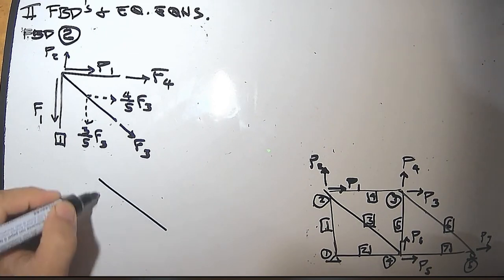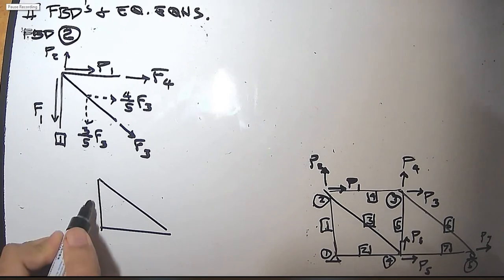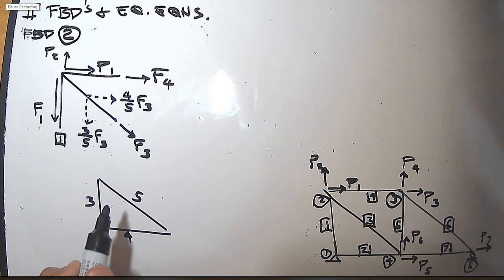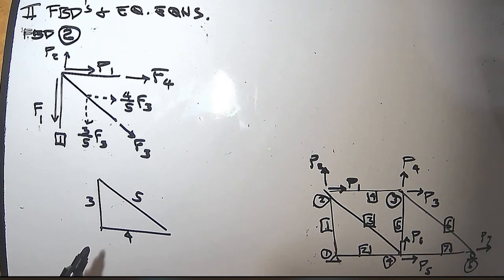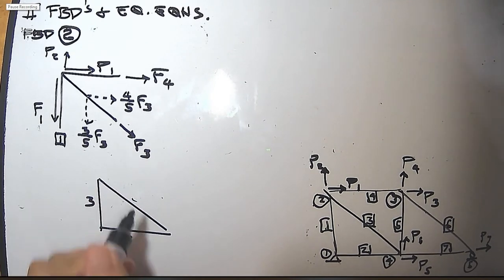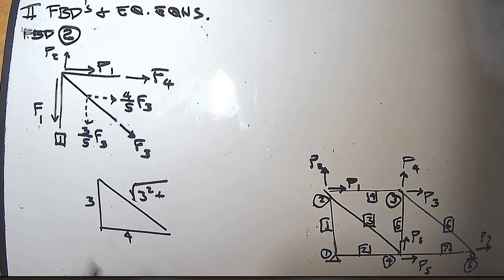Okay? So, paano nakuha yung vertical component na 3/5 naging F3? So, remember na meron tayong triangle na 3, 4, 5. Okay? Yan yung given. Pero, paano kung naging 5 yan, ano? So, remember that hypotenuse is equal to the square root of 3 squared plus 4 squared.